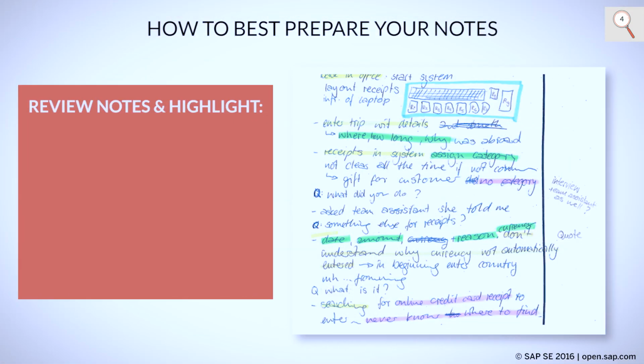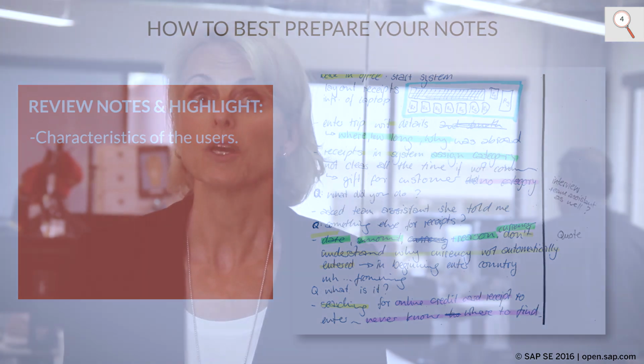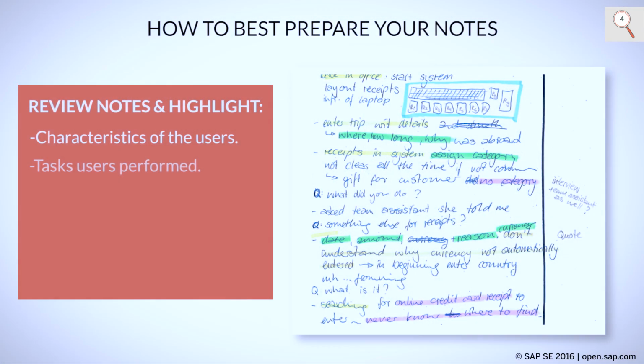So how to best prepare notes? Review your notes and highlight interesting data such as characteristics of the users. In our case, this could be travelers that have traveled frequently. Could be context, like you interviewed them at the airport, in a car, in a hotel. Key tasks they're performing, such as paying for a restaurant bill.